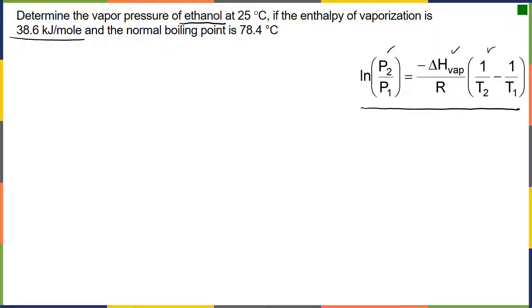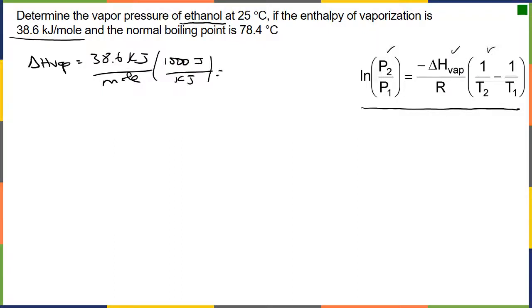We're given that the delta H of vaporization is equal to 38.6 kilojoules per mole. We know that has to be in joules, so it's multiplied by 1,000 joules per kilojoule, and we have 38,600 joules. We know our R is equal to 8.314 joules per K mole, K being Kelvin, which goes with the units of temperature that we're going to use.